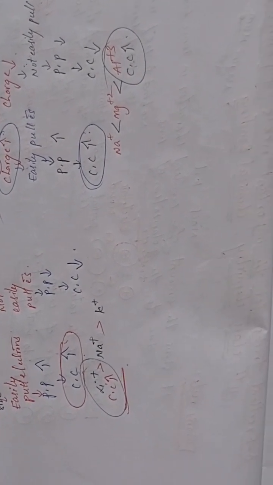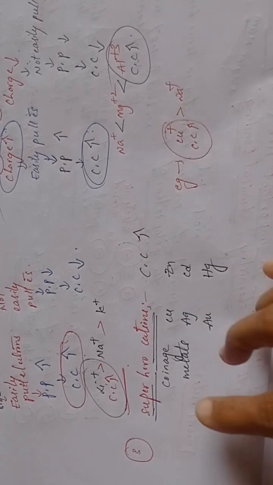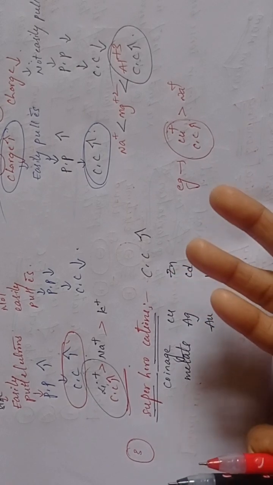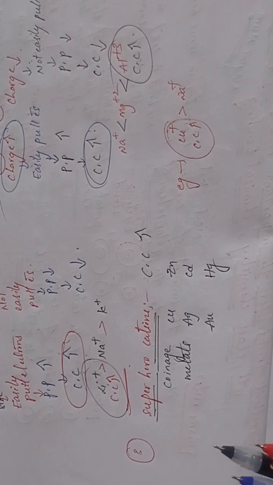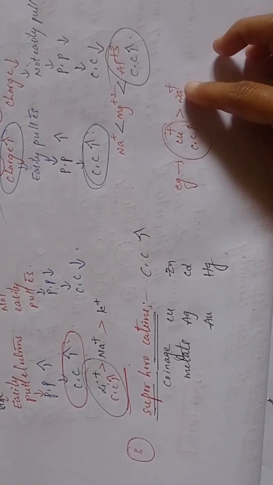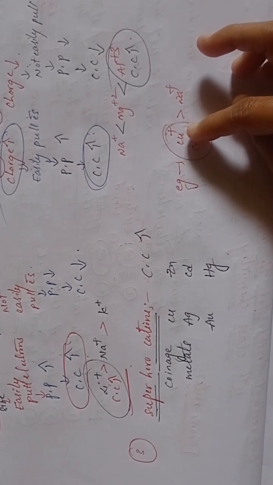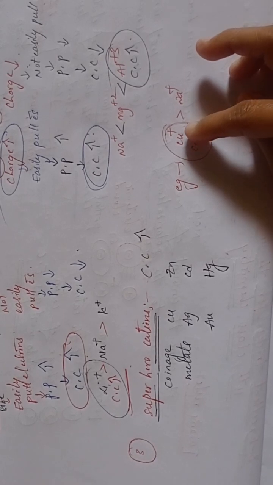Next one, the third factor, pseudo inert gas electronic configuration. See students, superhero cations. What is pseudo inert gas electronic configuration? Suppose we take the example Cu+ and Na+. Here Cu+ has the pseudo inert gas electronic configuration, that means it has 18 electrons in its outermost shell.